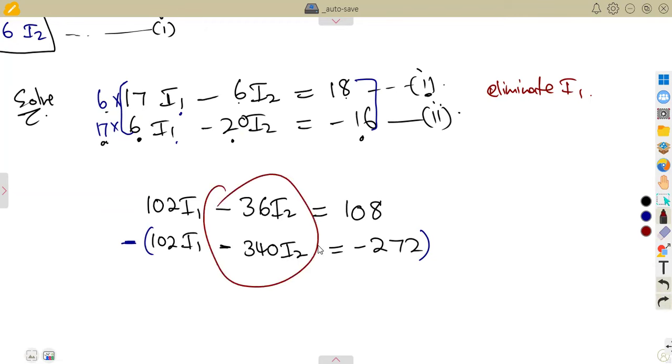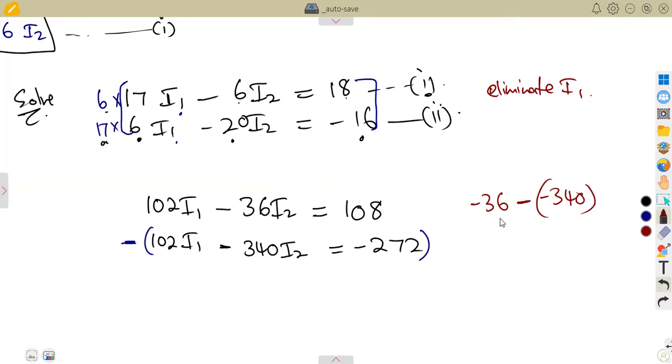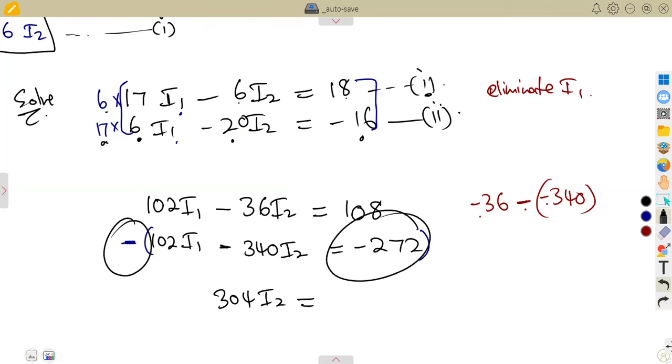So here we are going to subtract again: minus 36 minus, take note, minus 340. Minus 36 minus minus 340 is going to be 304. So that's 304 I2, is equal to, do the same thing, 108 minus minus 272.